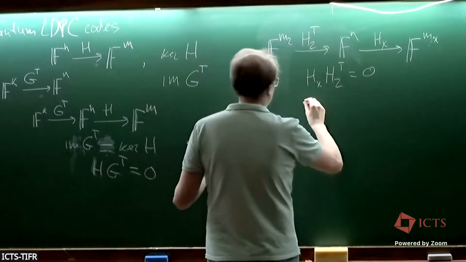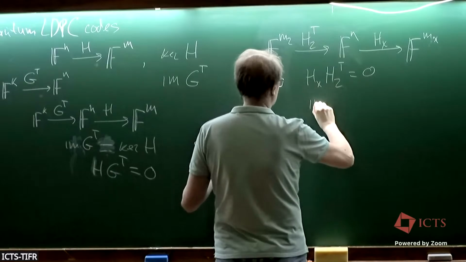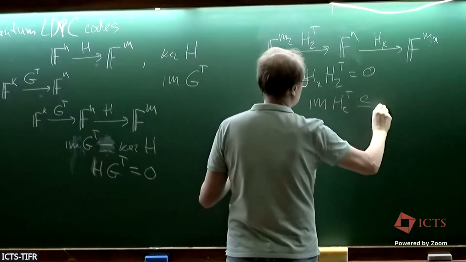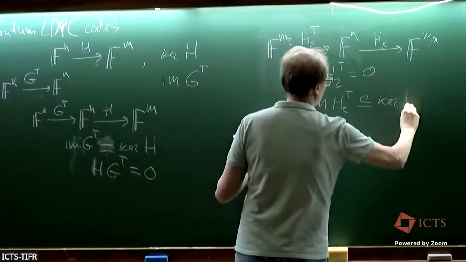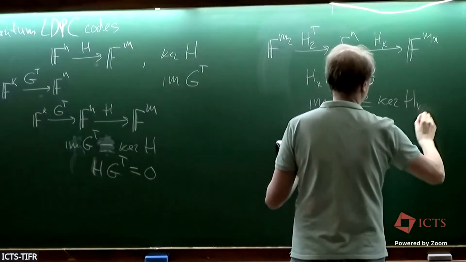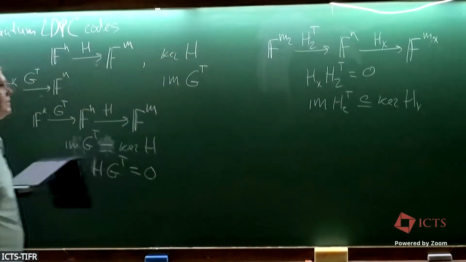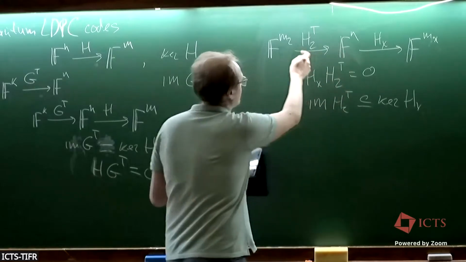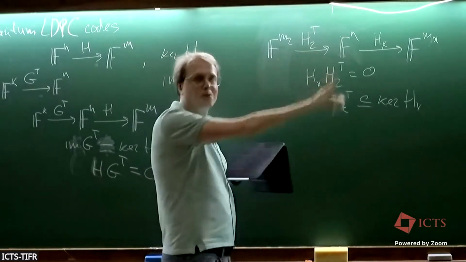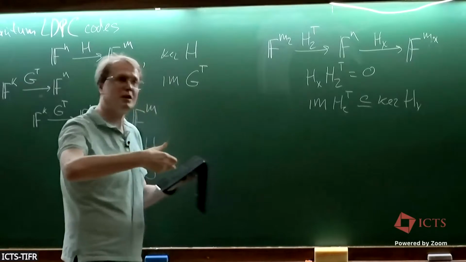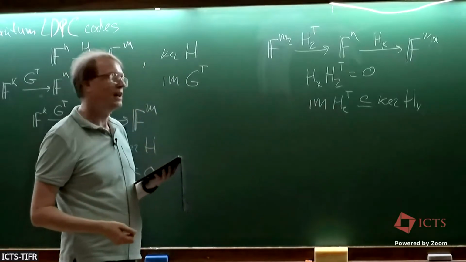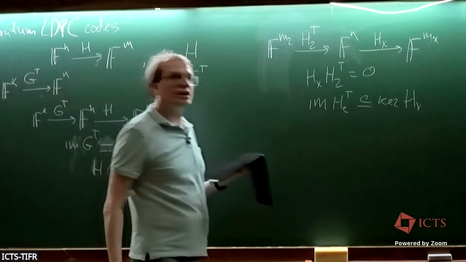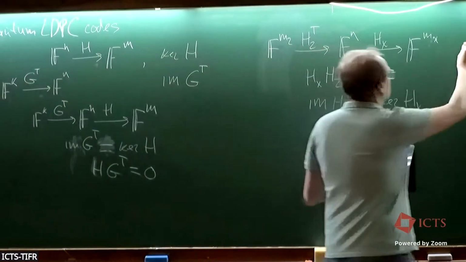And equivalently, of course, we can write it this way. But now we can see the more general situation where it is not required that this is a generator matrix. It can be a generator matrix for a smaller code. And this more general situation is exactly what is called a quantum CSS code.